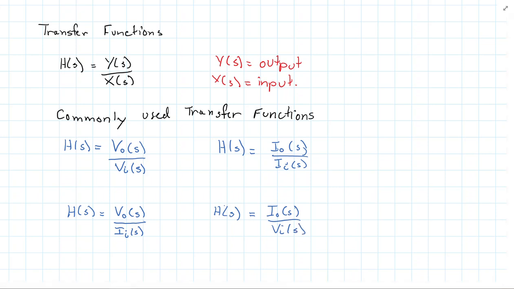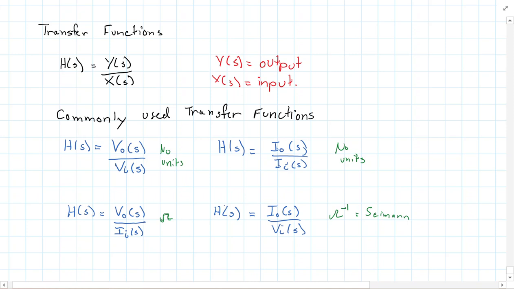If we think about the units, voltage over voltage has no units, and current over current, amps over amps, has no units. Volts over amps is going to be a unit of ohms, and the inverse, ohm to the -1, is equal to capital S, a Siemen.